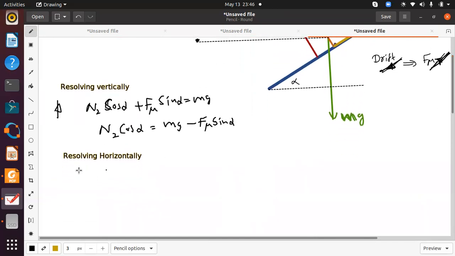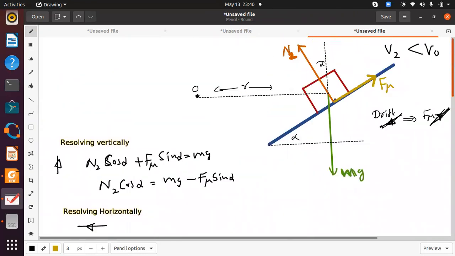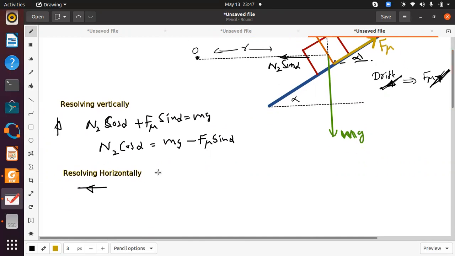Now, if I resolve it horizontally, then the forces acting horizontally would be N2 sine alpha in this direction, and there will be f mu cos alpha acting in the other direction. So N2 sine alpha minus f mu cos alpha is equal to m v2 squared over r.